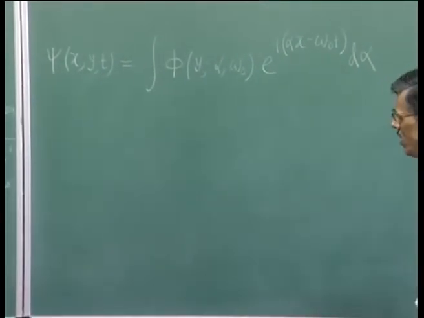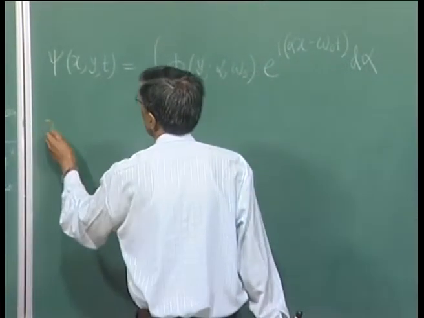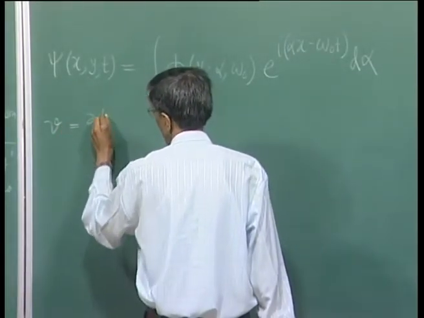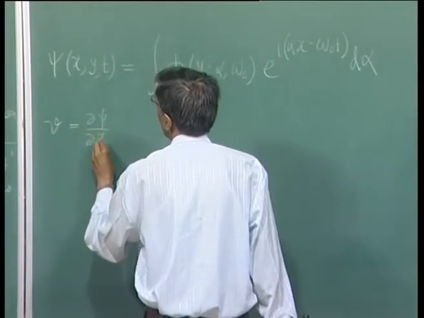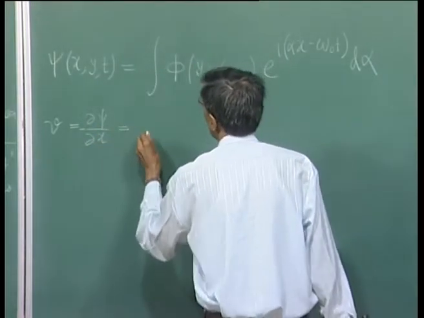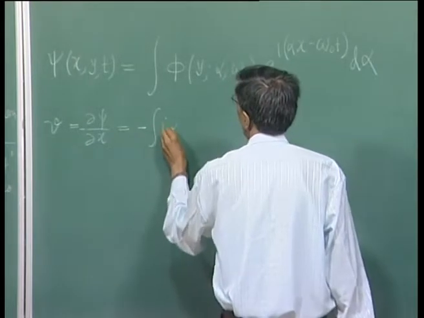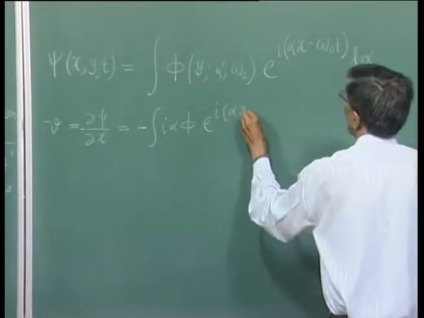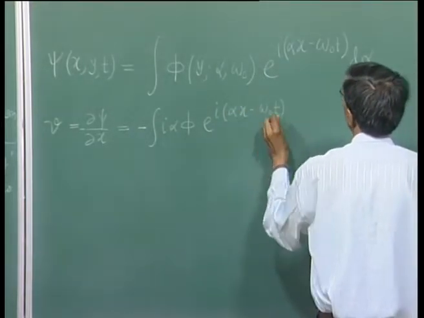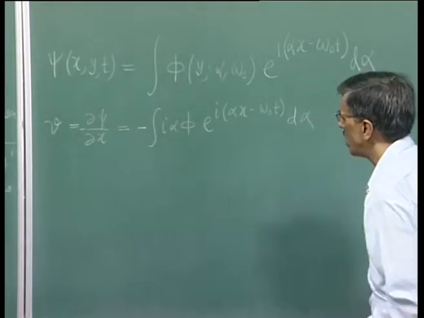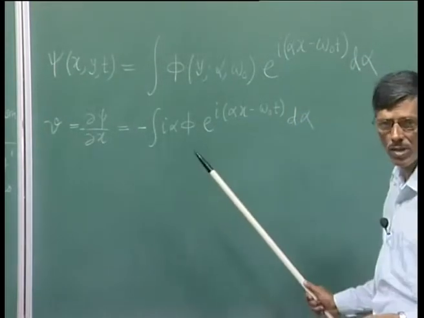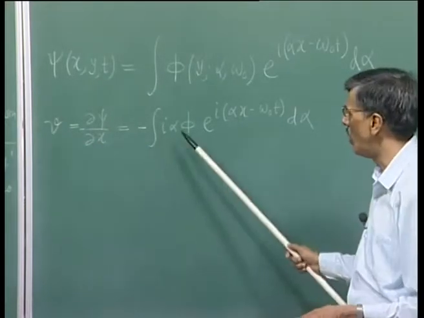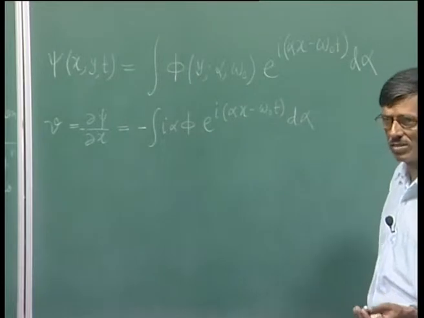If we do this, then you can see that the v velocity that we are talking about will be minus del psi by del x, and that will give you minus i alpha phi e to the power i(alpha x minus omega naught t) d alpha. So, whether you ascribe phi to the v velocity amplitude directly or to the amplitude of the stream function, it is essentially the same thing.